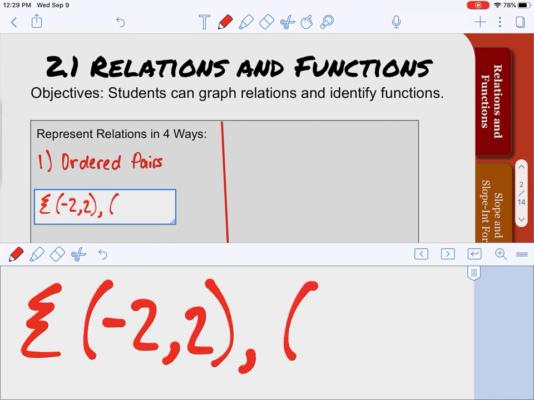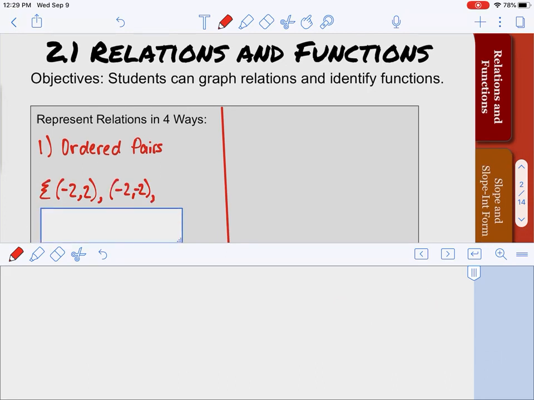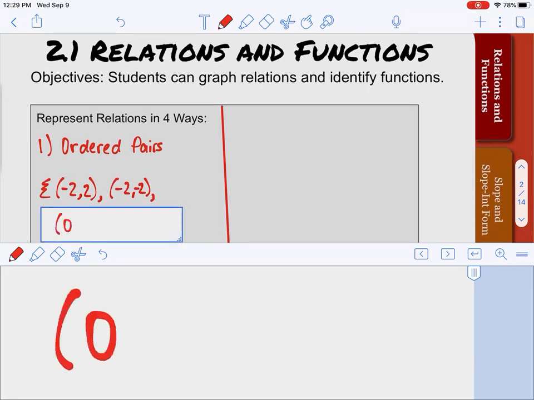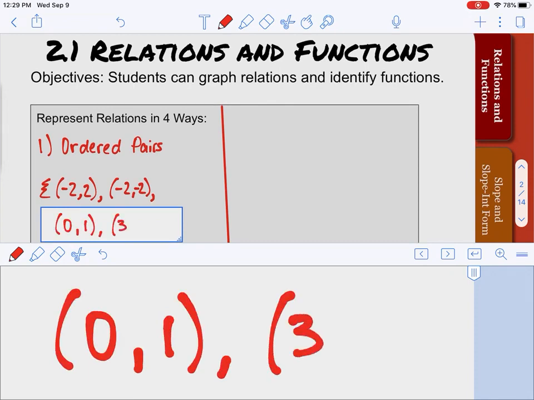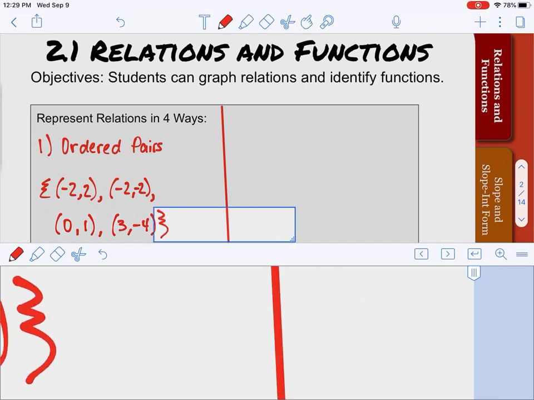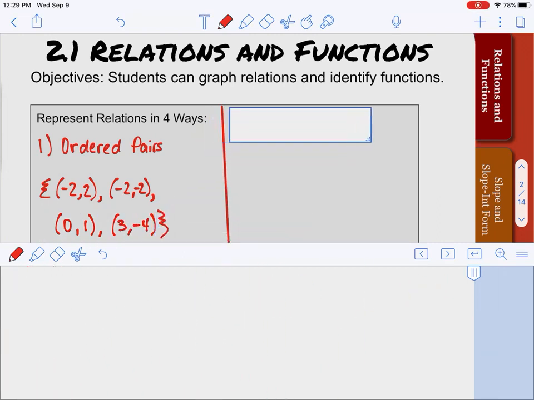And I have just a random set of coordinates that I'm coming up with as our points in our relation. We'll use the same set of coordinates for all 4 types of relations, or ways to write relations. So that's a set of ordered pairs that makes up a relation.